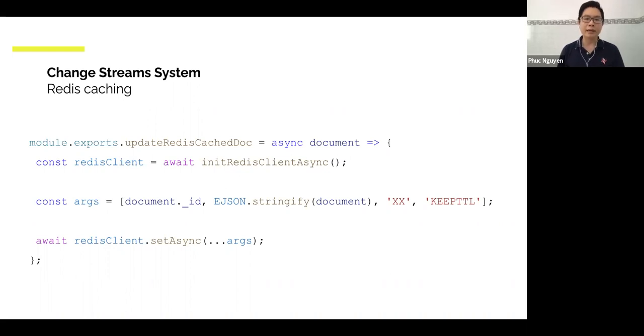Currently, this caching layer only supports caching based on the ID of the document. But in the future, we hope to expand this feature and support a wide range of queries with ambiguous selectors. That is our long-term goal for this feature.